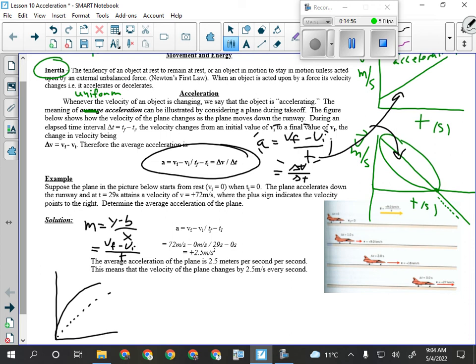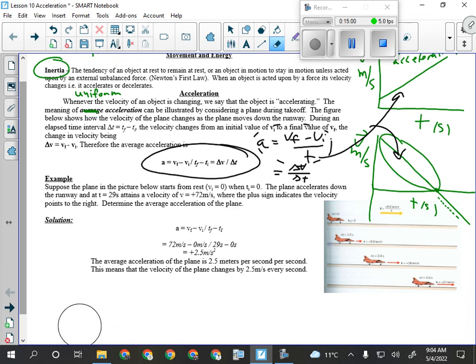If we look at the example here, it says that the plane in the picture starts from rest. Now, that's a key word. Rest means you're not moving. So if a question says starts from rest, it means that VI is 0. The car was not moving at the beginning of the question. What does it mean if it comes to rest?